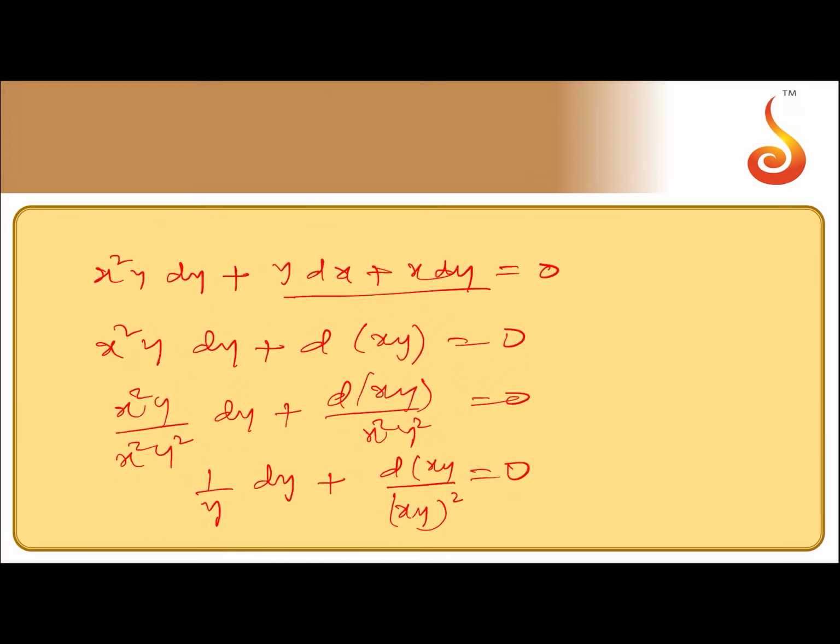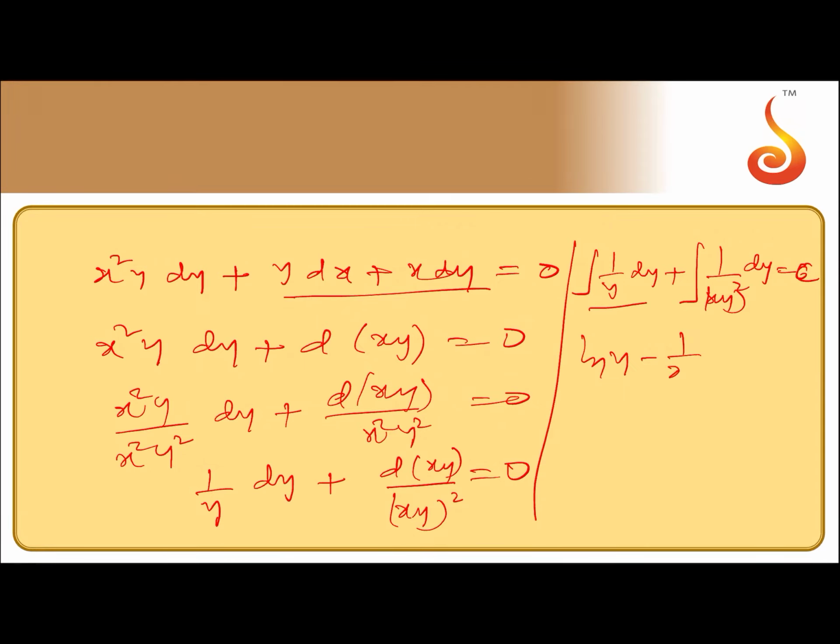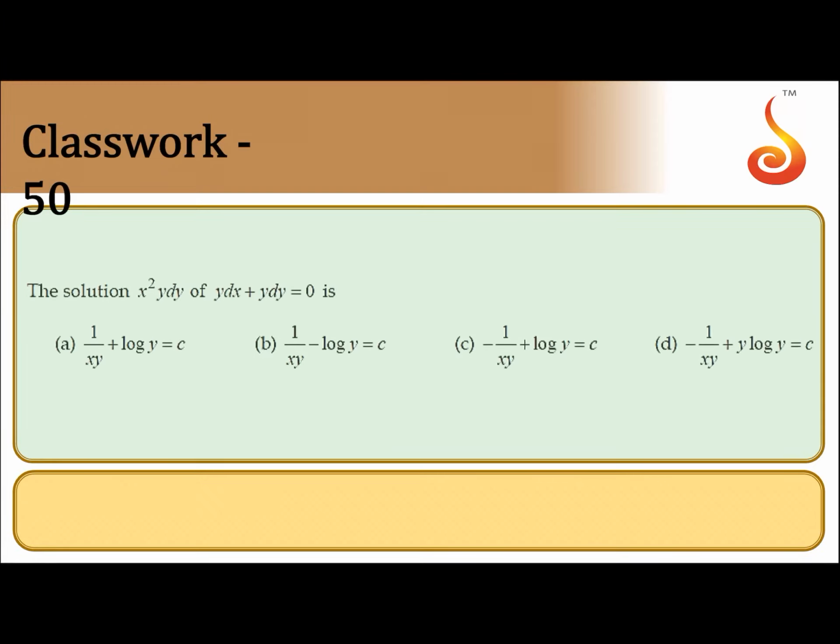Integrating on both sides, we get integral of 1 by y dy plus integral of 1 by xy whole square d of xy is equal to a constant. So this is log y minus 1 by xy is equal to a constant.